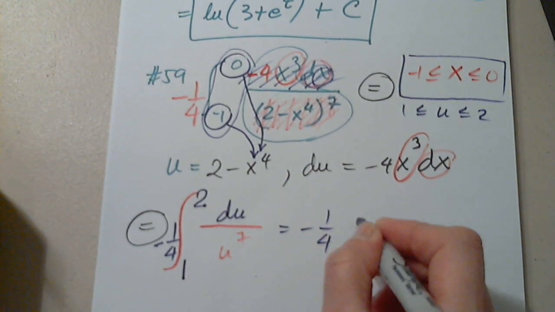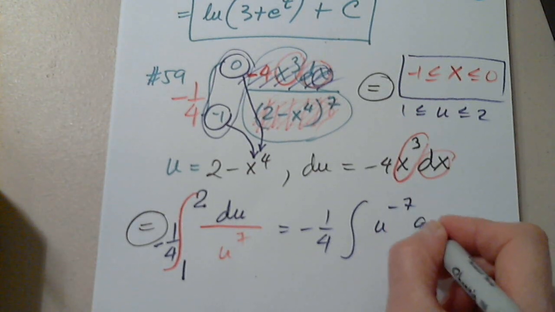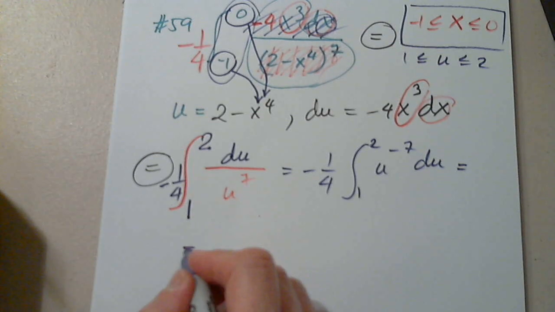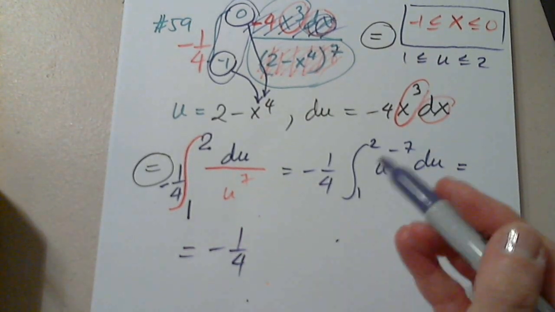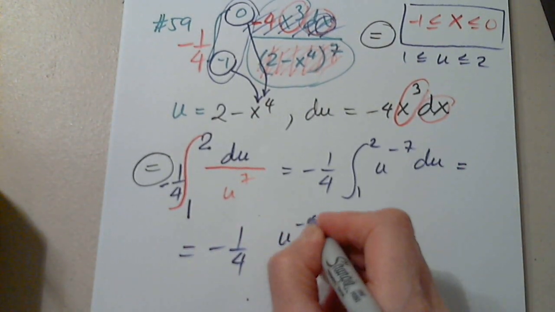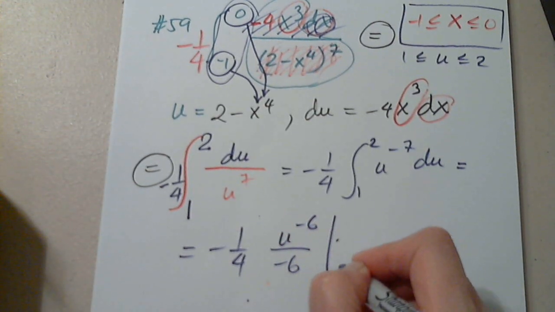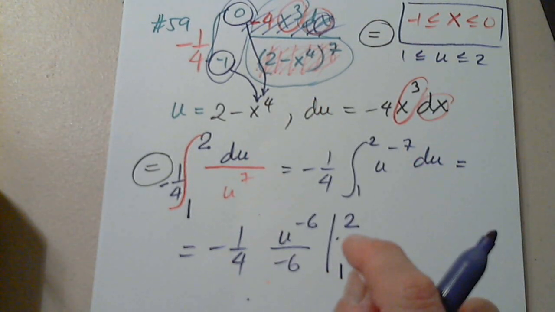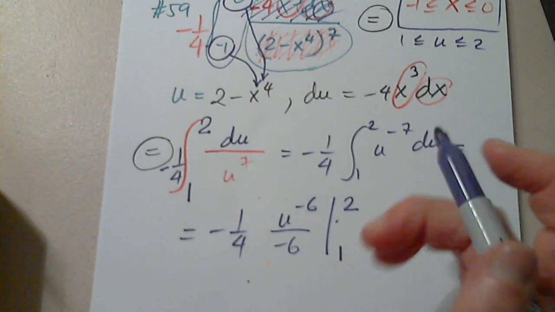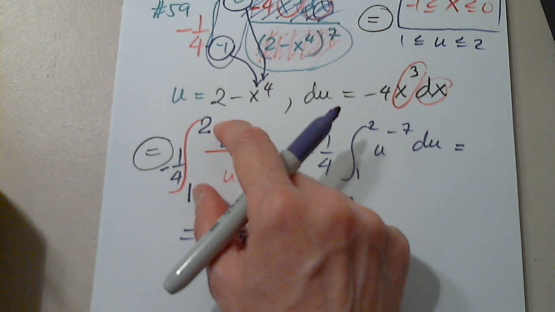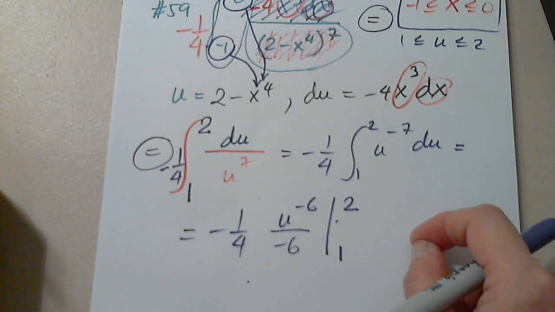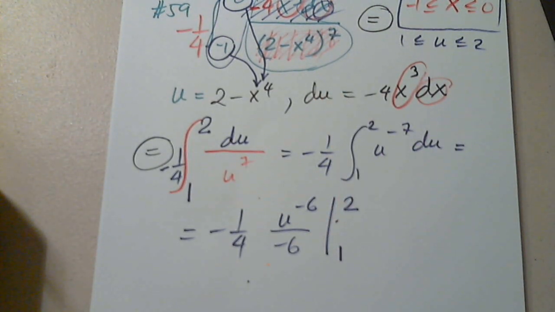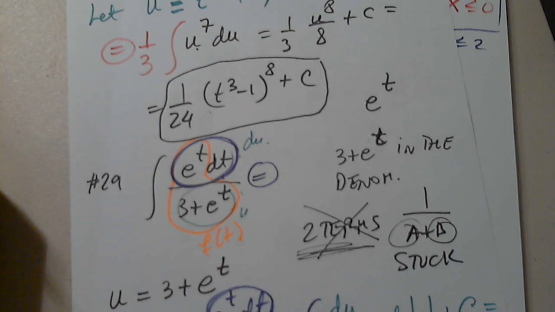So now this is negative 1/4 times the integral of u to the negative 7 du from 1 to 2. Negative 1/4 times u to the negative 6 over negative 6, from 1 to 2. For definite integrals, we do not go back to the original variable. Who cares? I have the new limits of integration. The answer will be a number. For indefinite integrals, we always must go back.